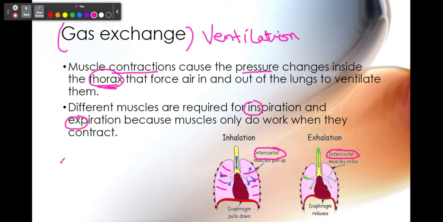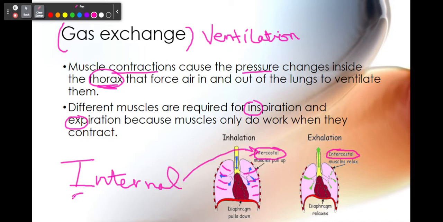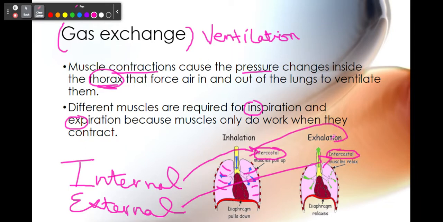So we're going to talk about internal intercostal muscles, and we're also going to talk about external. And again, I apologize for my lack of drawing tablet. External intercostal muscles. I actually should have drawn these separately.